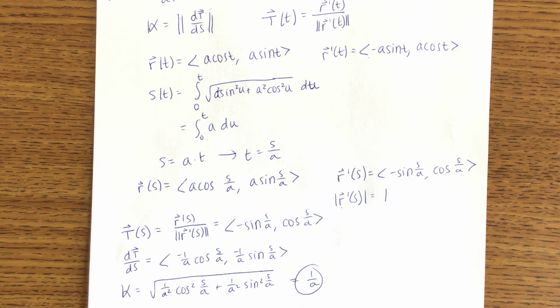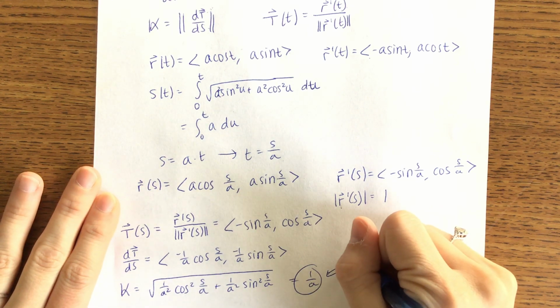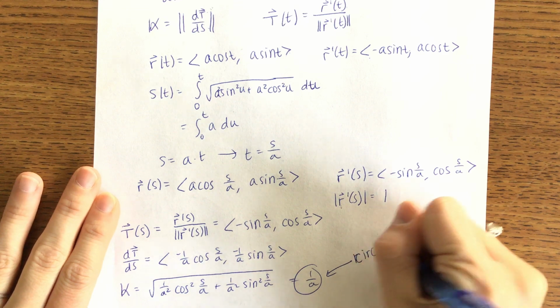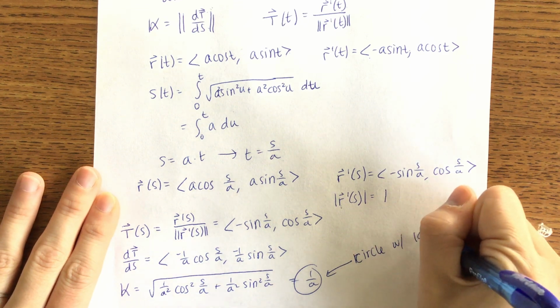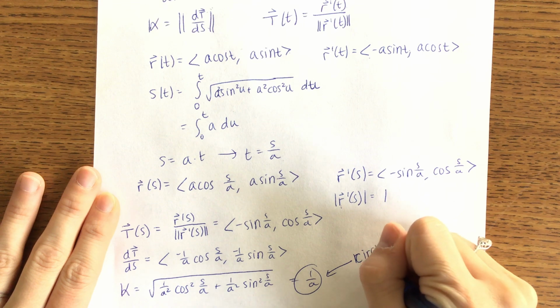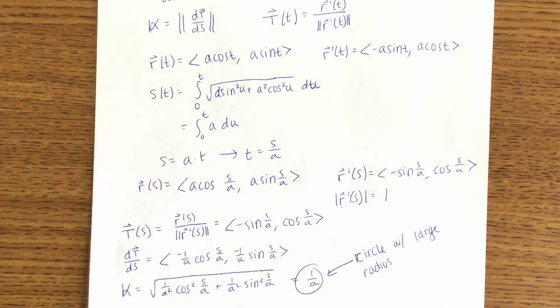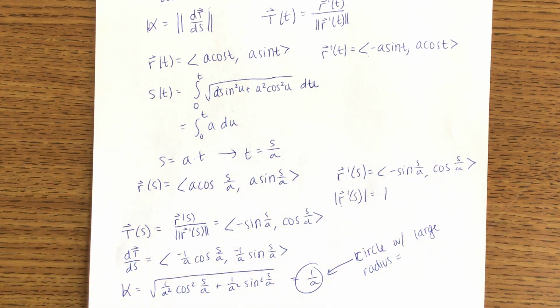Here's what I want us to see with this. If you have a circle with a large radius, that's going to give us small curvature.